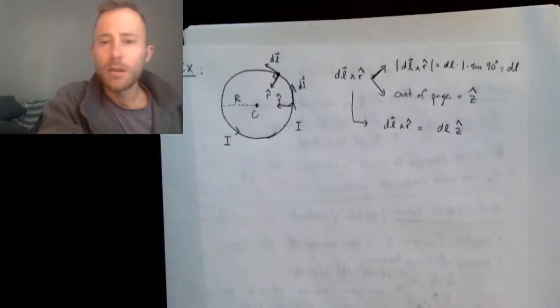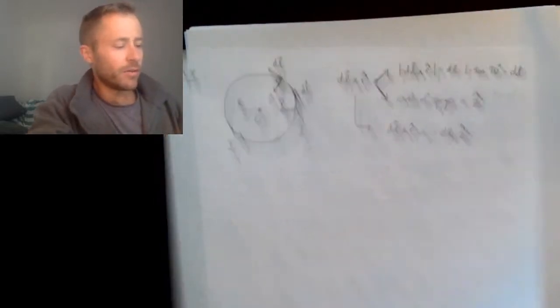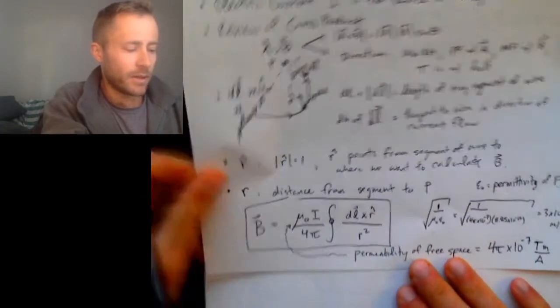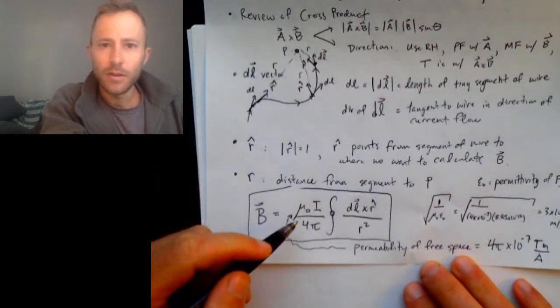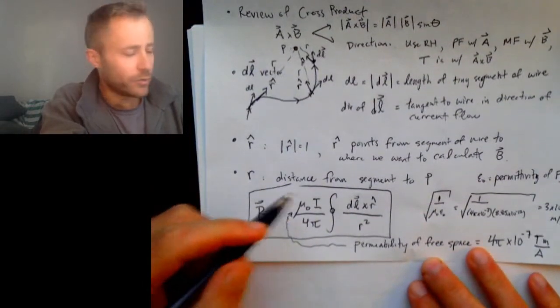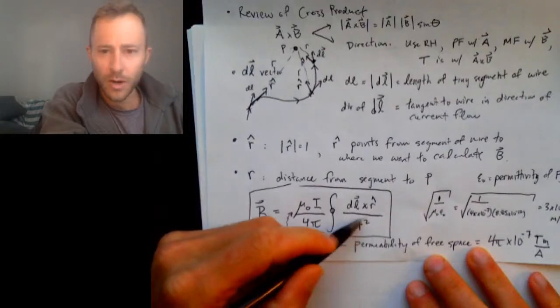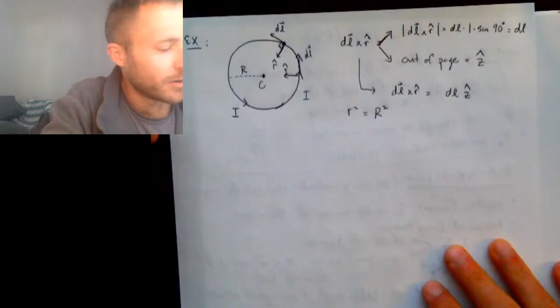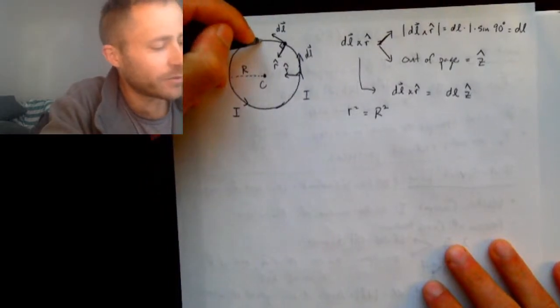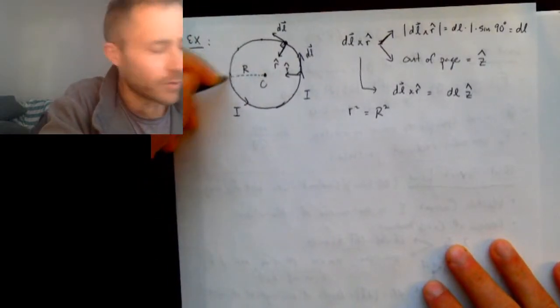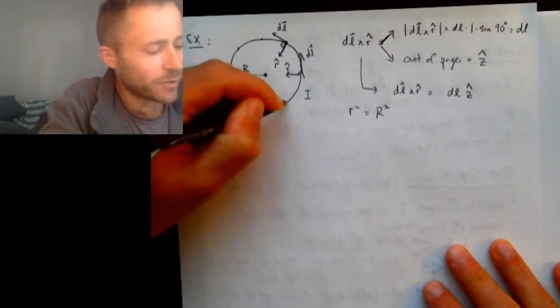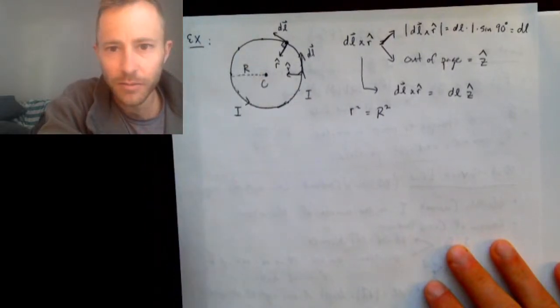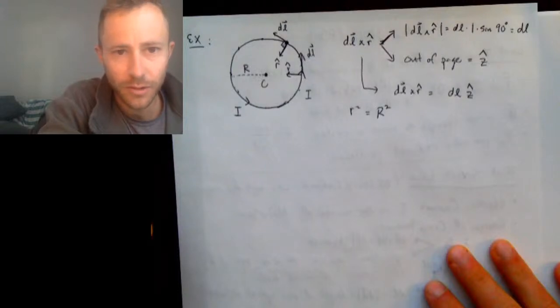All right? And then if we look at the other thing in the Biot-Savart law, we also have the r squared in the denominator. And so little r squared is going to equal big R squared, because every point along the loop is the same distance away from the center of the circle. That's what a circle is.